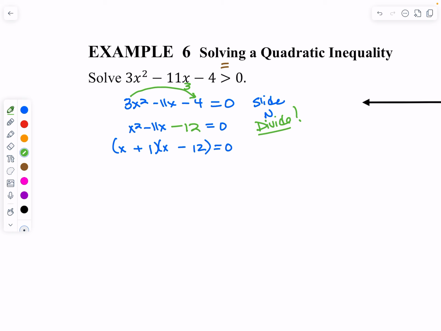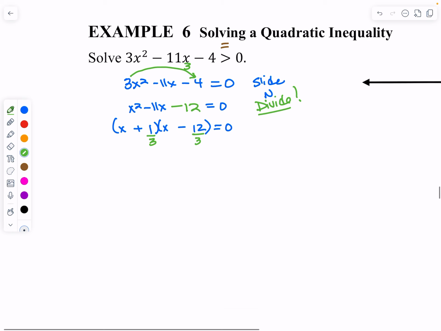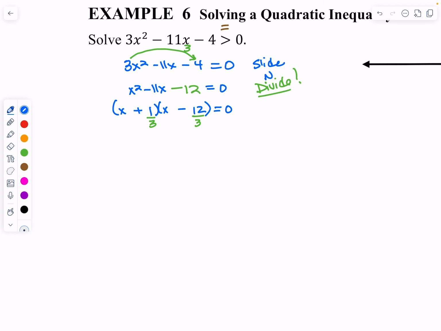So I'm going to divide each piece by the number that I slid, which is my 3. So I wind up with, I could bring the 3 back around, but since I'm solving it, I'm going to leave it there. I'm going to leave it as 1/3. And here I'm going to have x minus 4. So this solution is x is -1/3, and this solution is x is 4.